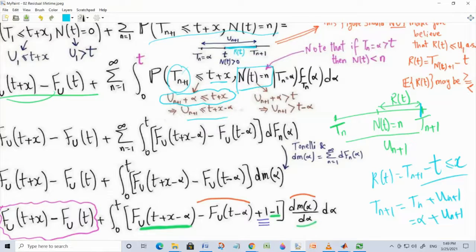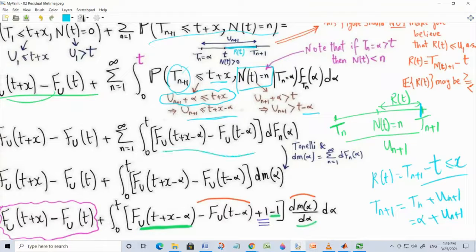So arrival n plus 1 must occur after t. So U_{n+1} plus alpha, which is T_{n+1}, must be greater than t, which means that U_{n+1} must be greater than t minus alpha. So again, we have a sandwich: U_{n+1} must be greater than t minus alpha, and less than or equal to t plus x minus alpha.